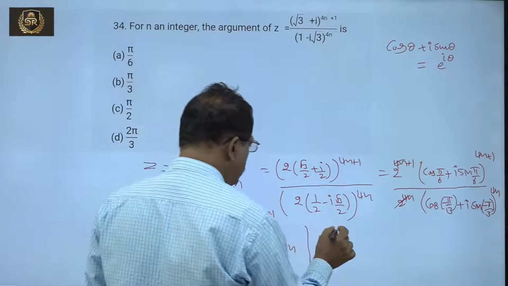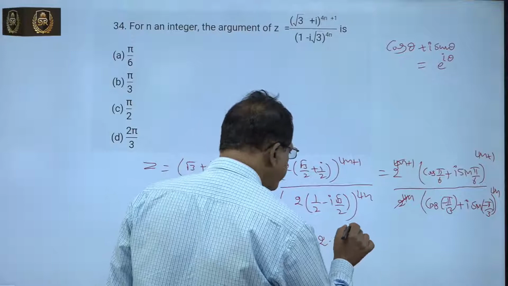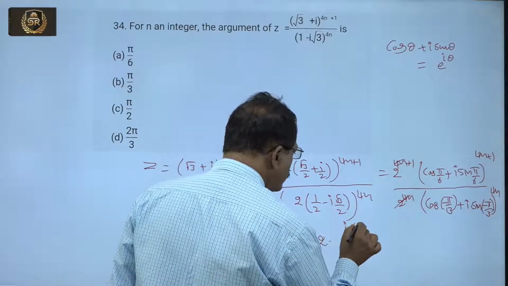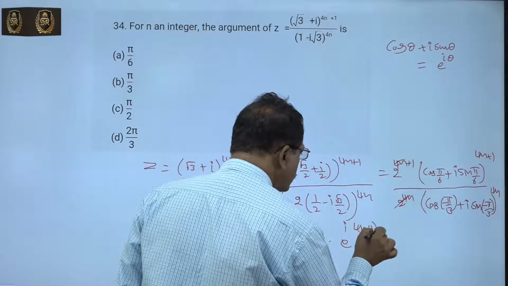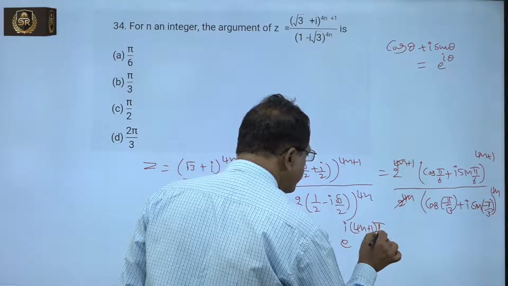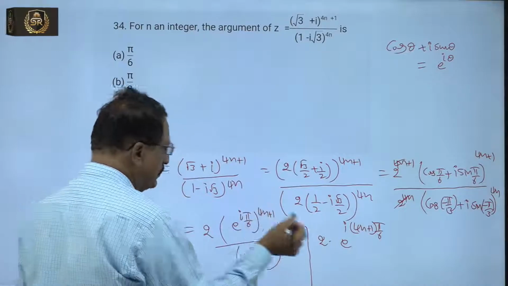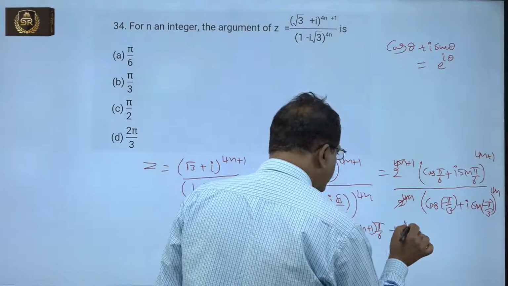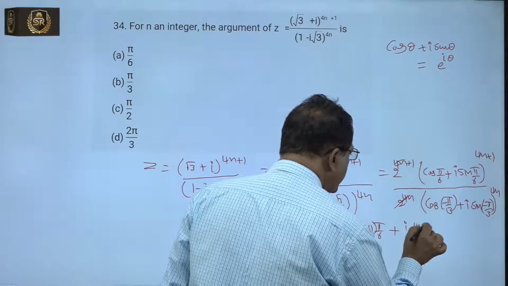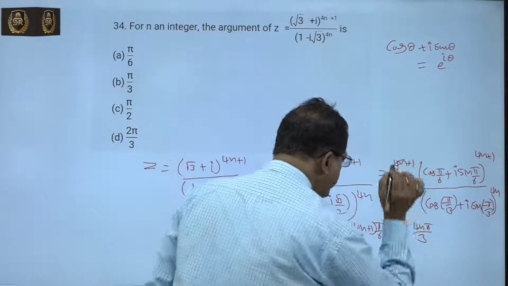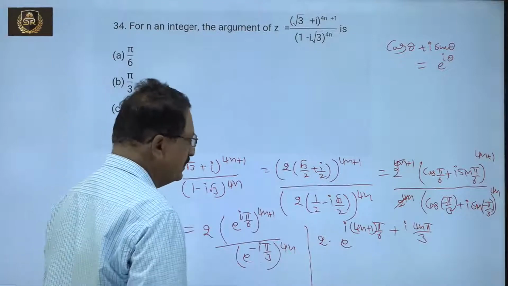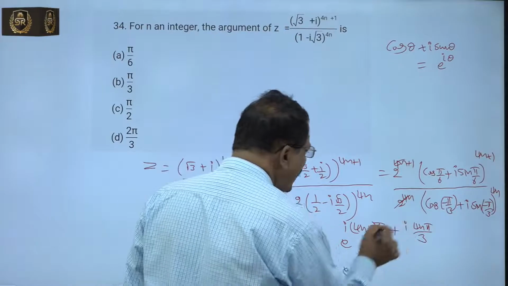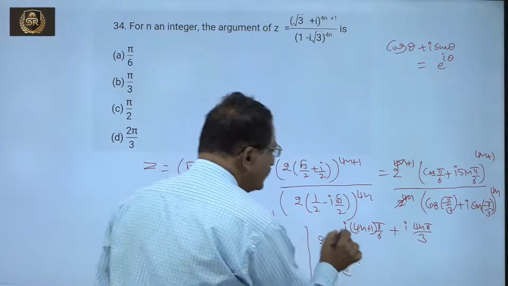how much do you get: i times (4n + 1) times π/6, taken from the numerator, plus i times 4nπ/3 from the denominator. Now that equals 2 times e to the power of i, taking common, 4nπ/6 + π/6 + 4nπ/3. For these terms take the LCM, which is 6. We get (4nπ + 8nπ + π)/6.